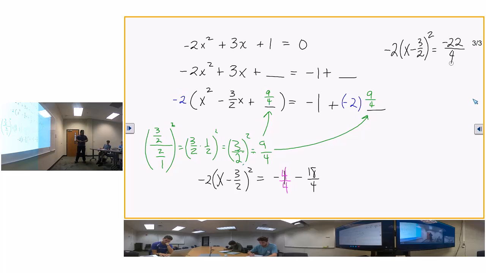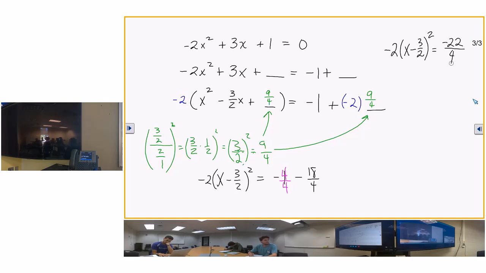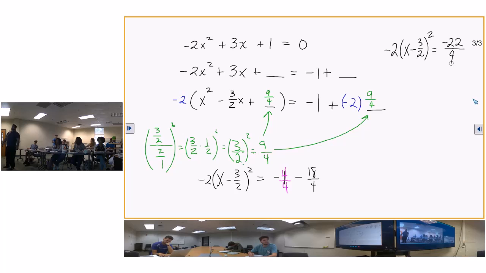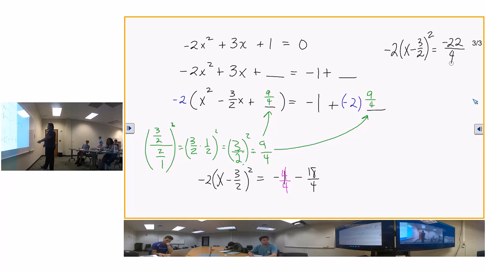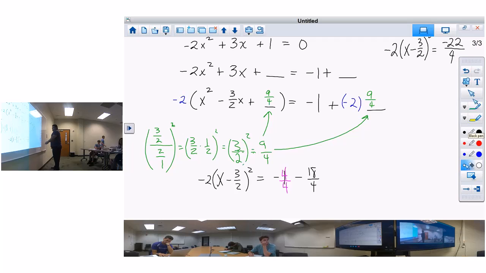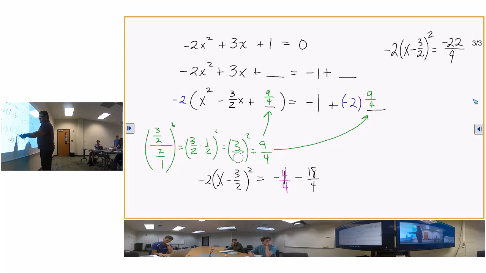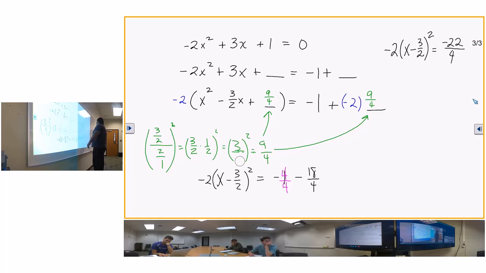Yes, sir. Shouldn't the 3 divided by 2 squared actually be a 3 divided by 4 squared, and making that? That's what I had to begin with, didn't I? I thought I had that to begin with. My bad. Didn't I have a 4 there? I thought I had a 4 there.